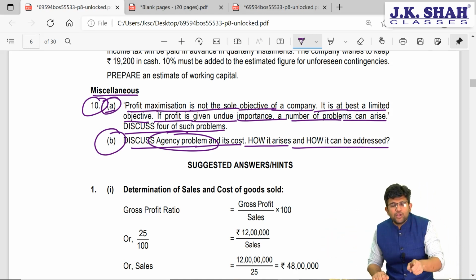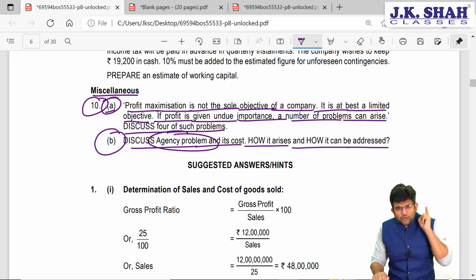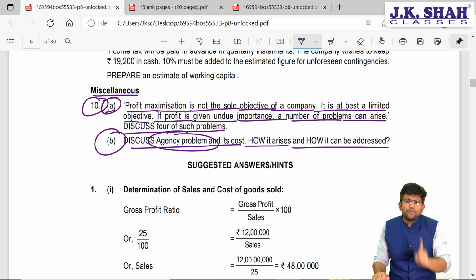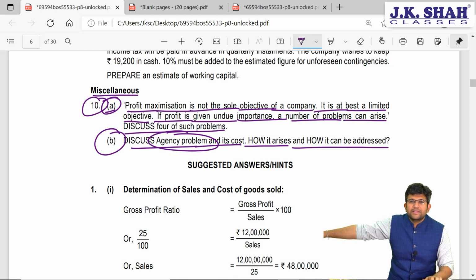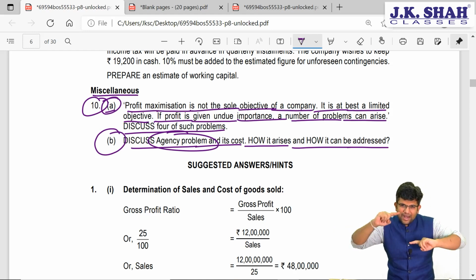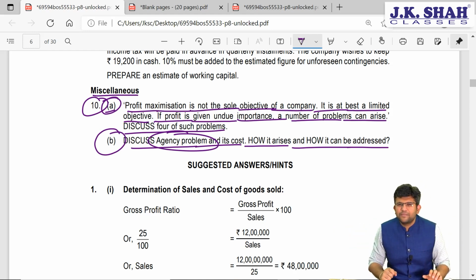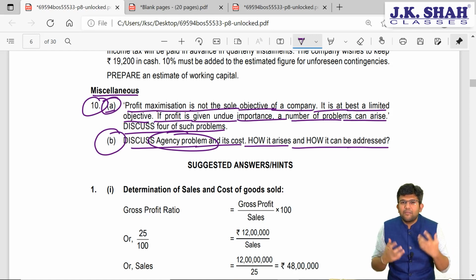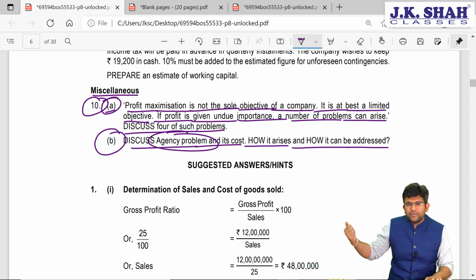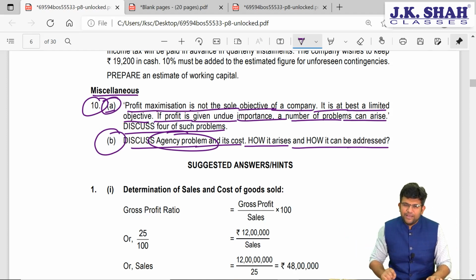If those managers have any other objective different from increasing the wealth of the shareholders, there lies an agency problem. Sometimes, children, do you realize that these managers would take decisions so that their personal salaries or perks, etc., might get magnified, not thinking about the shareholders? That is the agency problem.